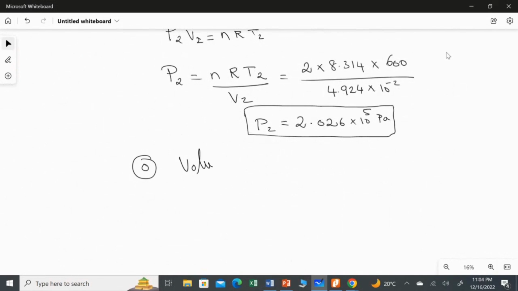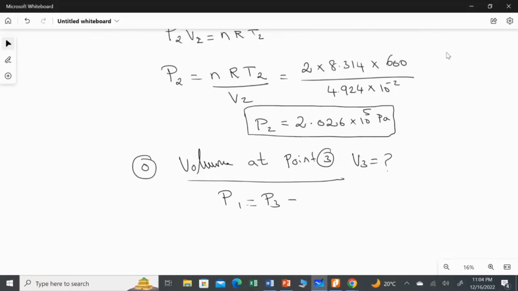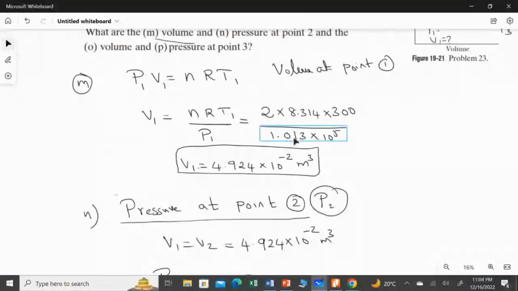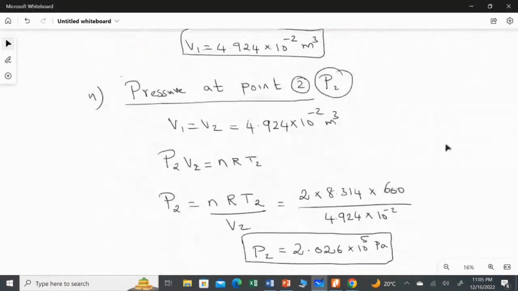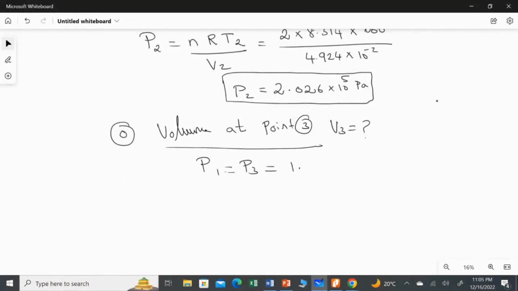What should be the volume at point 3? At point 3, that means we are going to find the value of V3. At point 3, your P1 is equal to P3, and it takes the value, I have to see the constant here, 1.013 multiplied by 10 power 5 Pascal.